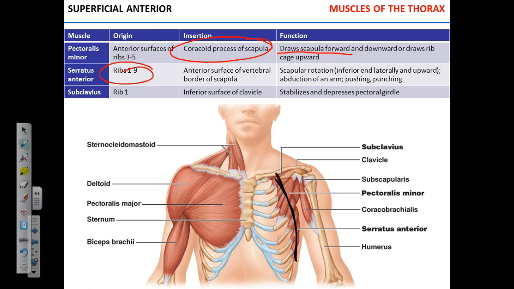They insert deep. Okay? Here they are. They insert here. It rotates the scapula and abducts the arm. Serratus anterior are extremely important for proper pushing.